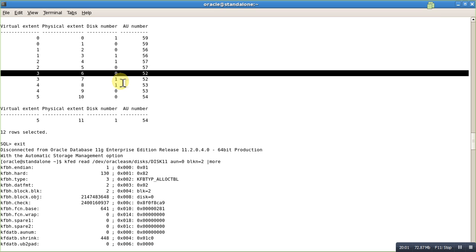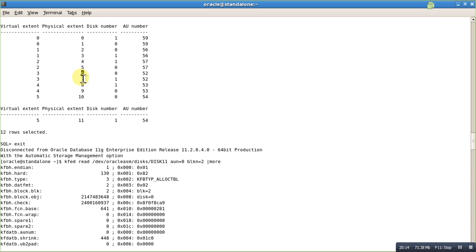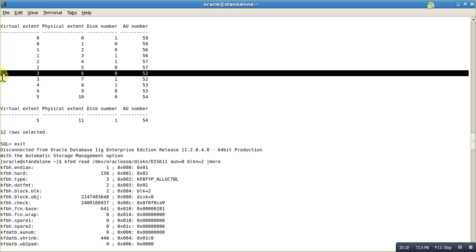So now I was using kfed read for reading the disk 11, which is nothing but your disk 0. So the extent number, you can see the extent number 6, and the allocation unit number 52 is on disk 0.